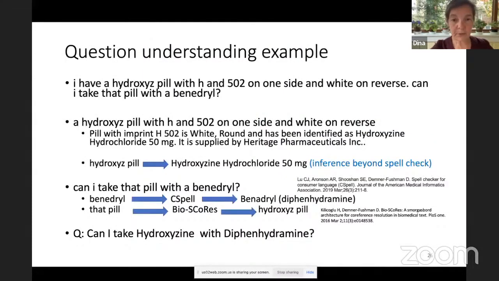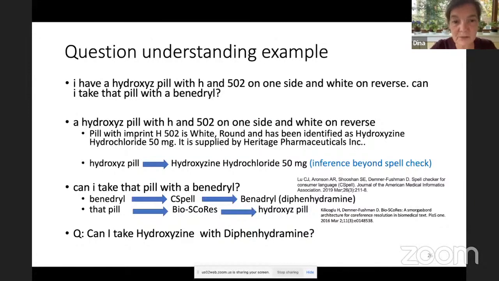So before we discuss the system, I would like to walk us through the example of a consumer question. And you will see that this question is definitely not well formed. And even if we have a hope to teach physicians how to ask well-formed questions, I don't think we can teach the whole population to ask the questions in the right form. We might not have the background to ask the right questions.